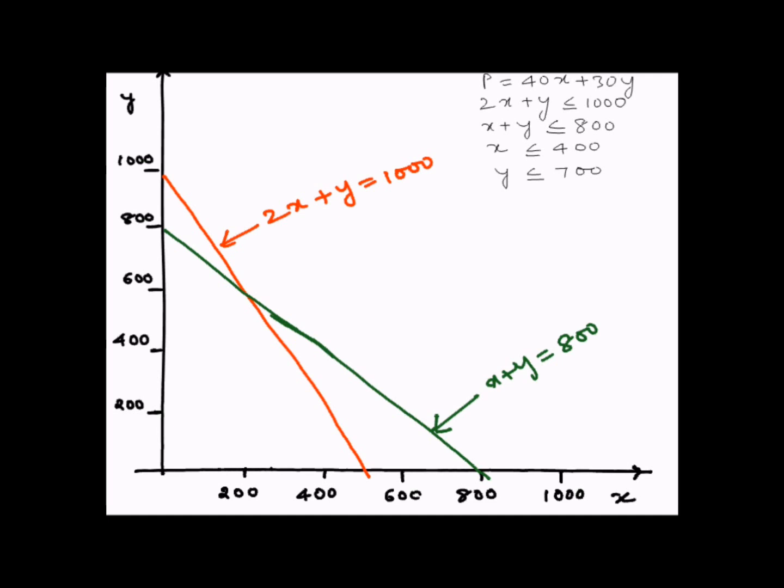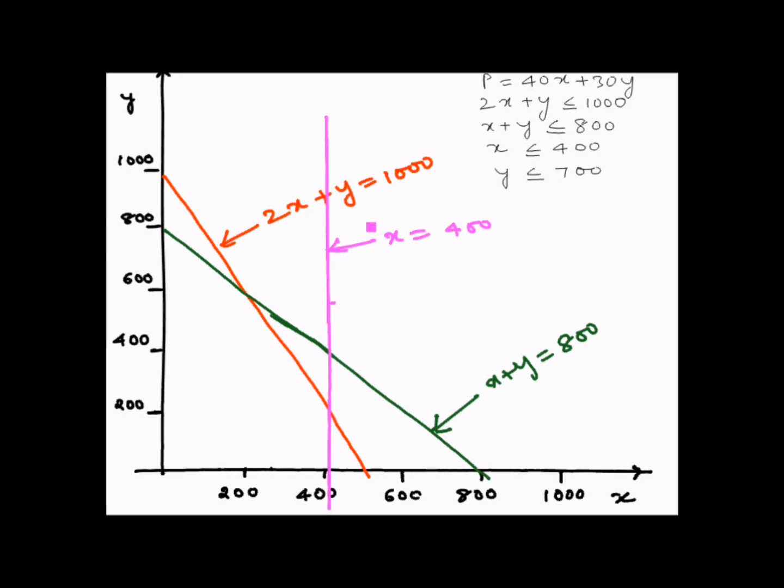So let us draw this line. This line represents x is equal to 400.